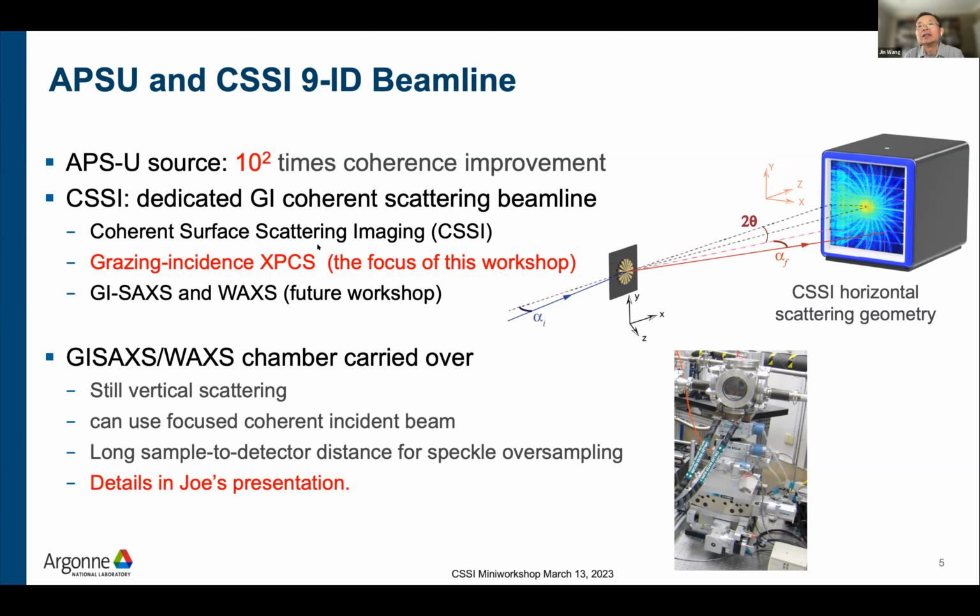But the goal here, with enough sample detector distance and dedicated coherent preserving optics, is that we can do GI-XPCS in a much more dedicated setup, so as to optimize all the parameters for dynamics studies.